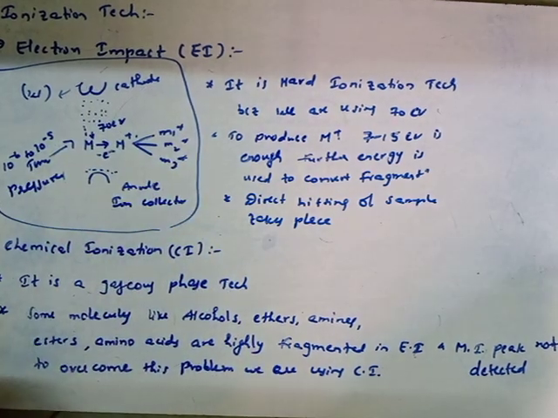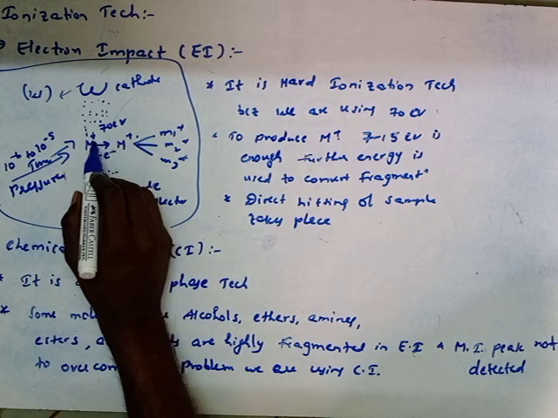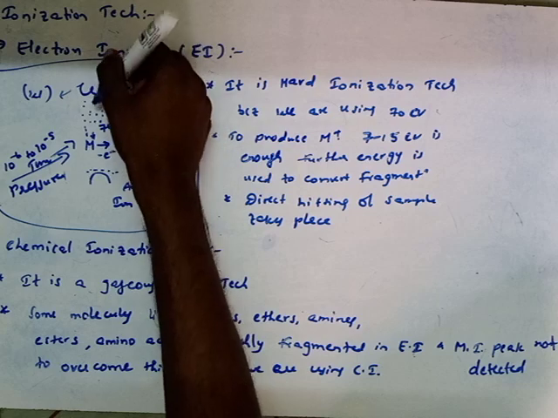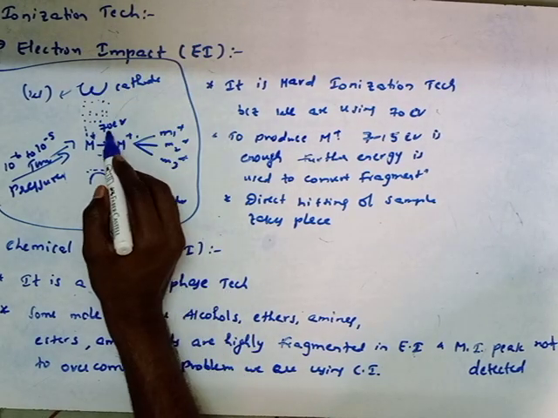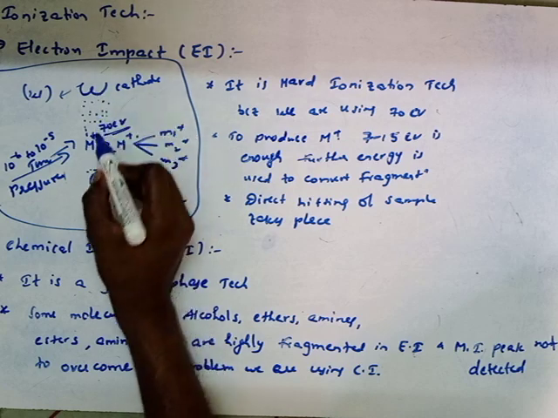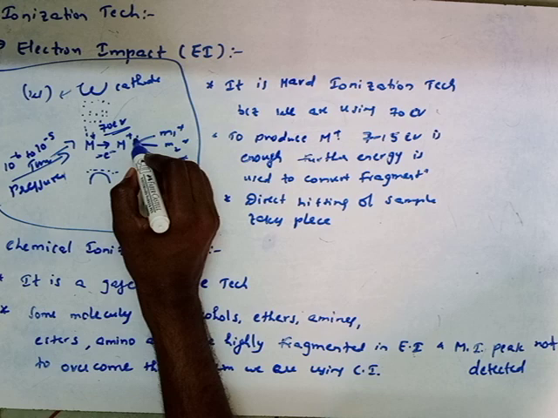Now we are passing the sample into this ionization chamber. We irradiate the sample with 70 electron volt, and it loses one electron and is converted into the molecular ion.